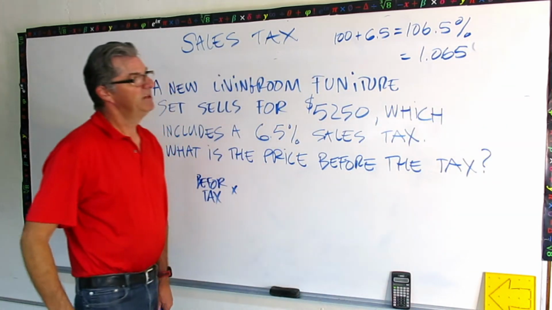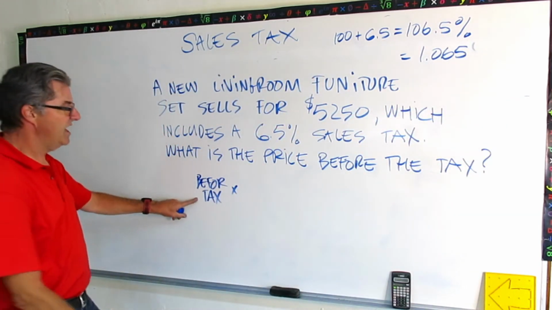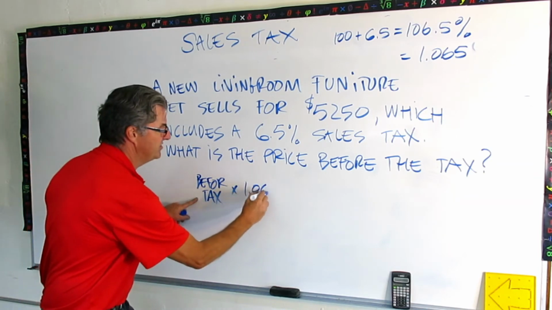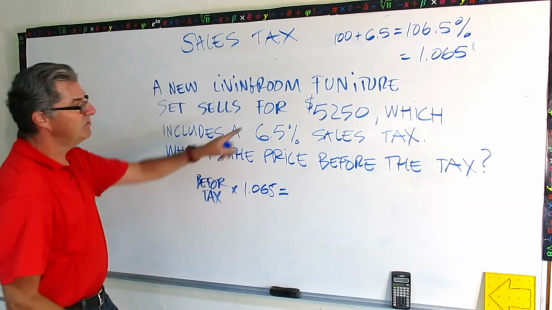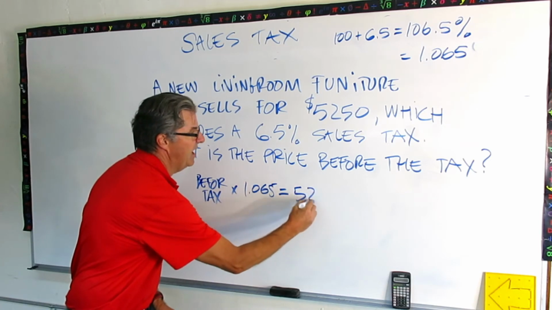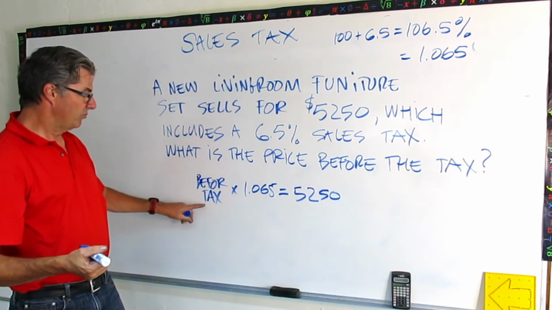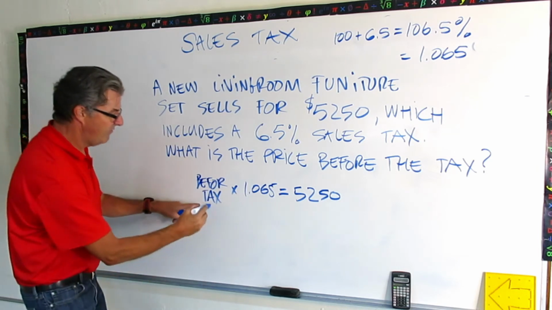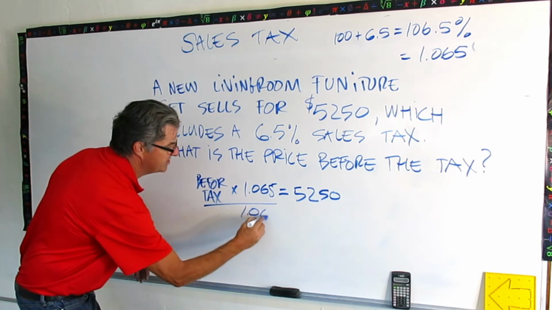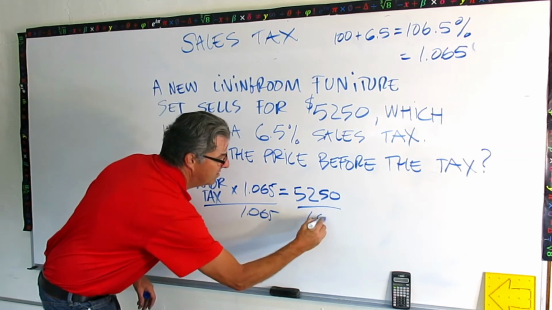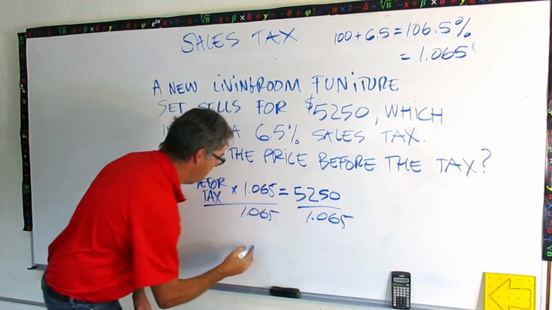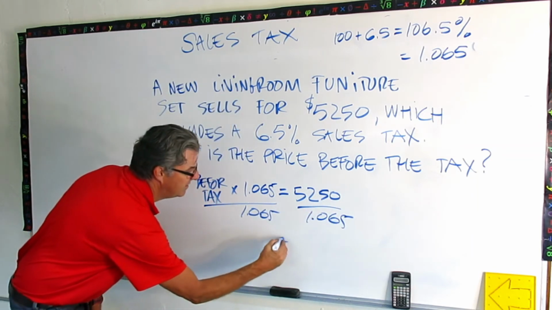No percent. So that's our multiplier. So before tax times 1.065 is going to equal our total price out the door. Now all we do is rearrange our equation. We just have to divide through by 1.065, and that will give us our before tax price.